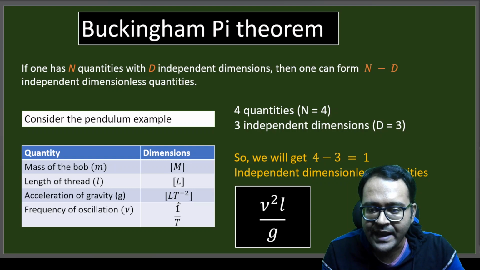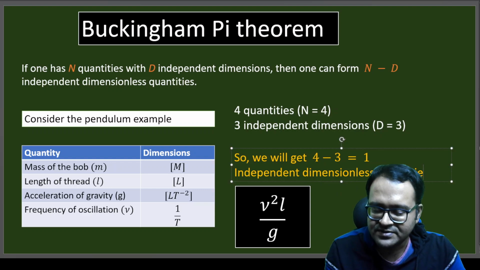We only deal with M, L, and T here. No other fundamental dimensions appear there. So we have four quantities and three independent dimensions. So we'll get 4 minus 3, n is 4, d is 3, equals 1. So we'll get one independent dimensionless quantity.